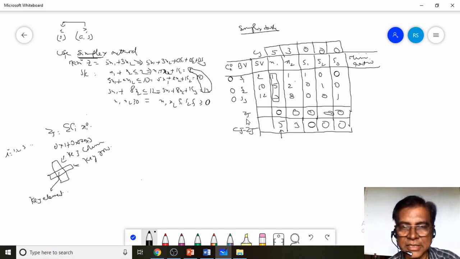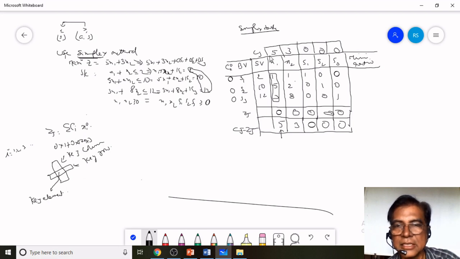What is the basic formula of Zj? Zj is given like this only: Ci into Xi. Here Ci is 0 into 1 plus 0 into 5 plus 0 into 3, 0. Like 0 into 1 plus 0 into 2 plus 0 into 8, all are equal to 0. Cj minus Zj gives the key column.